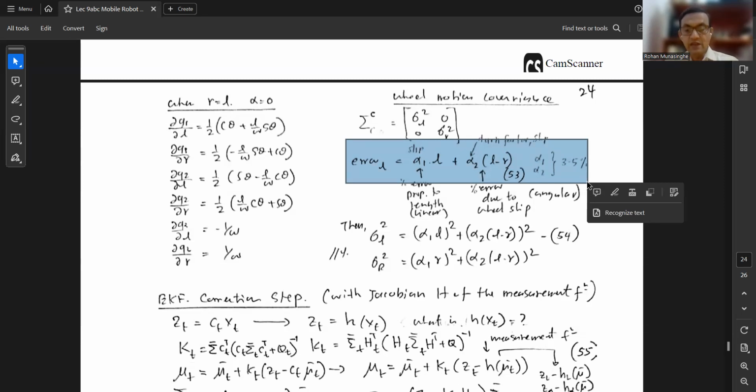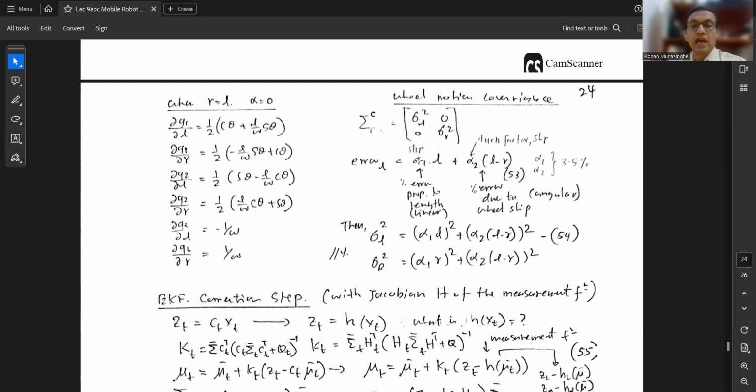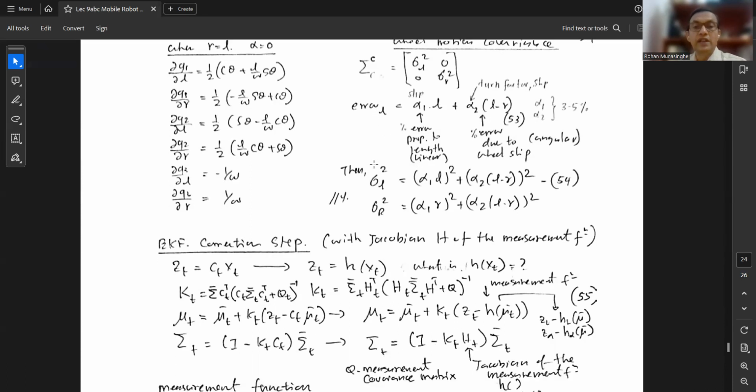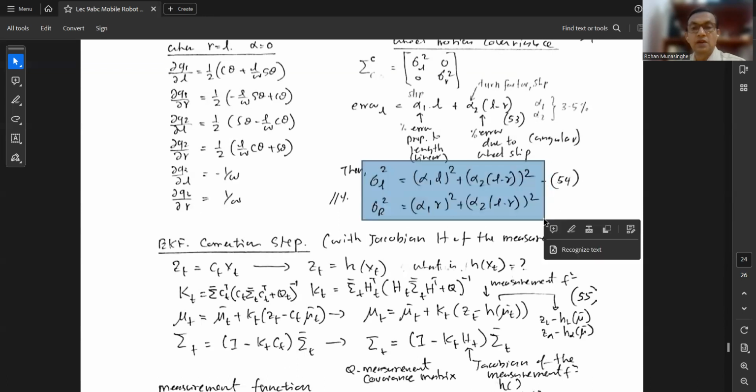The wheel slips by itself, and also when you combine the two wheels together, there's some more slipping. So you can say this is alpha 1 L plus alpha 2 L minus R, left wheel, right wheel. Put some numbers for alpha 1 and alpha 2, maybe 10%, 5%, like that. And then get the square of the error. This is the variance of the left wheel and right wheel.